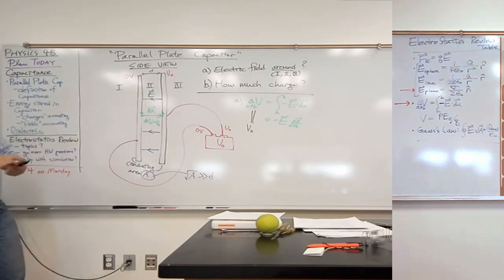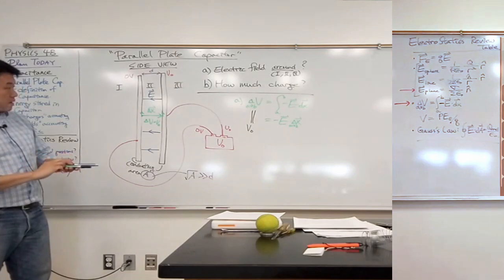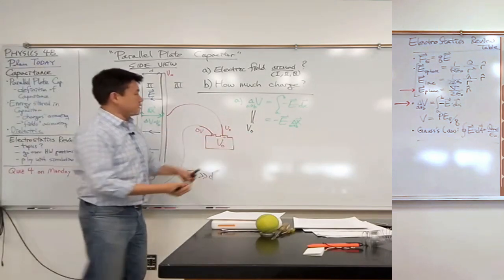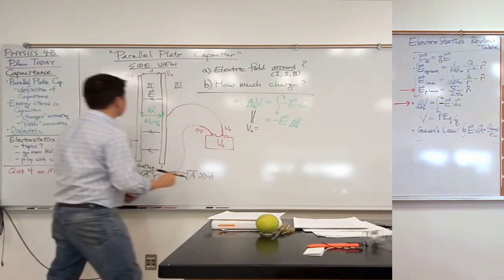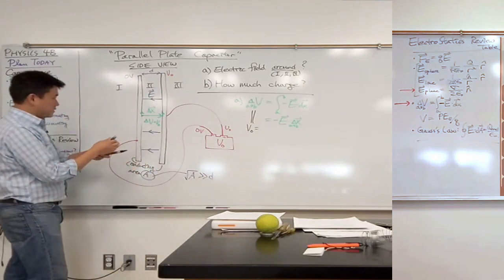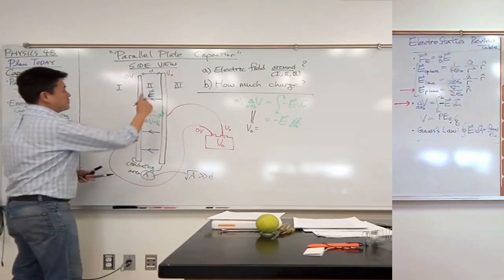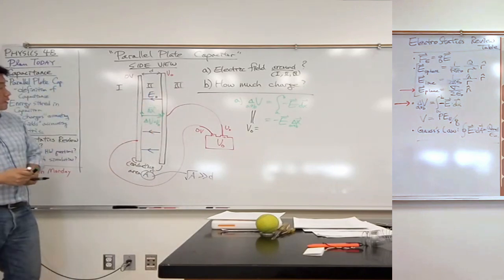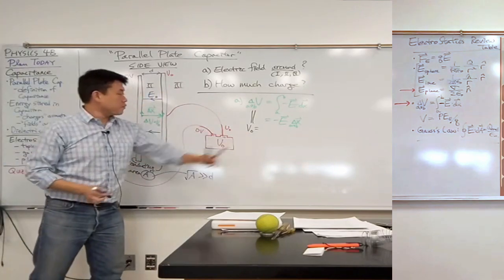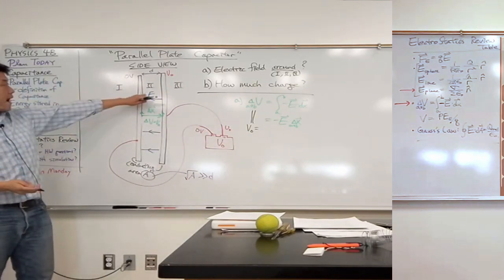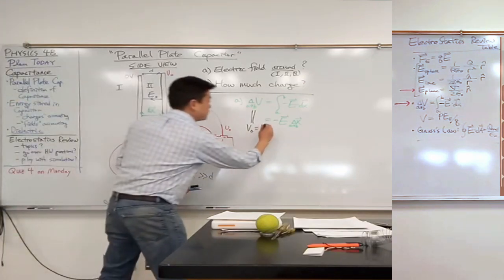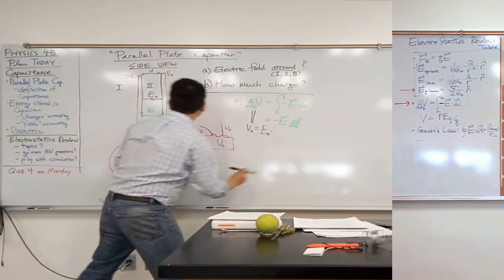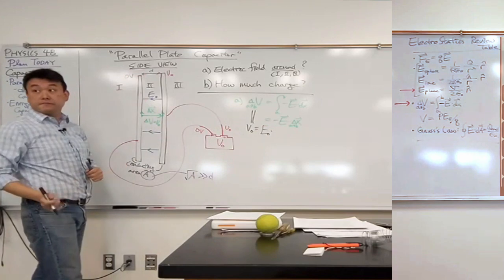So my V naught is equal to, let me use this symbol here, the magnitude of this electric field, let me call that E naught. Then V naught is going to be equal to the magnitude of the electric field, E naught, times the separation d.